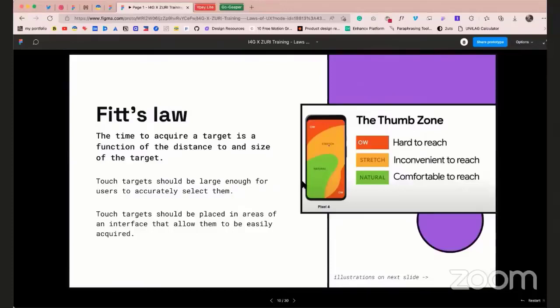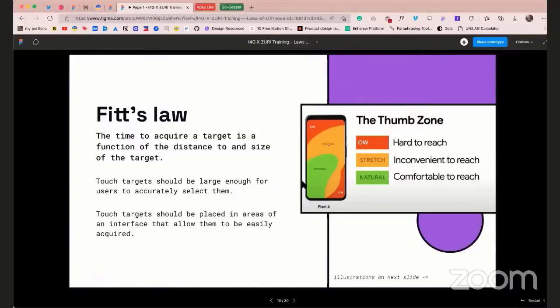You see that those parts are easy to touch. The orange parts, you have to stretch your thumb a bit. The red parts, you have to stretch very well to be able to touch those things in those places, right?